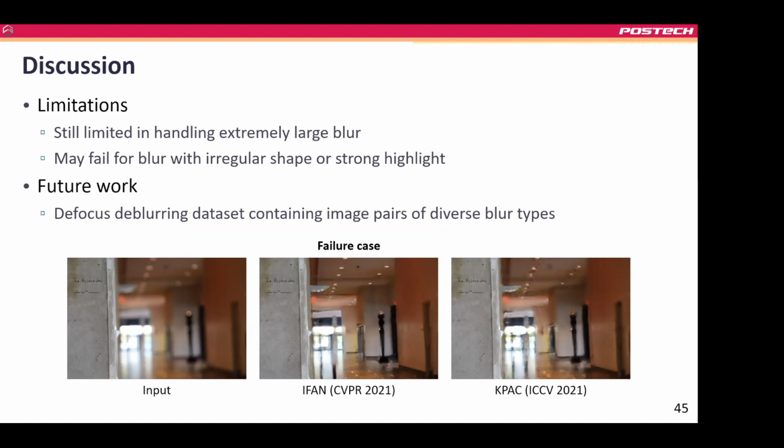My guess is that in both the defocus deblur network and the motion deblur network, our trained network tries to ignore the highlight part, because it's better for the network to handle the majority of the blur, which is not highlight.